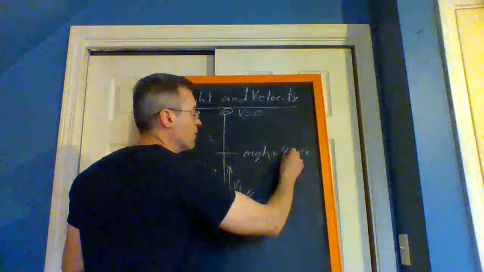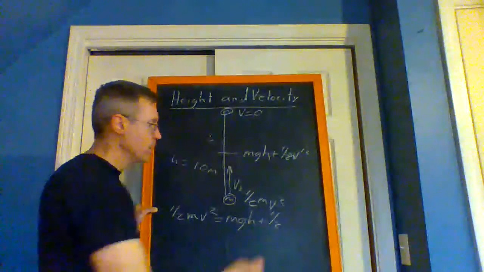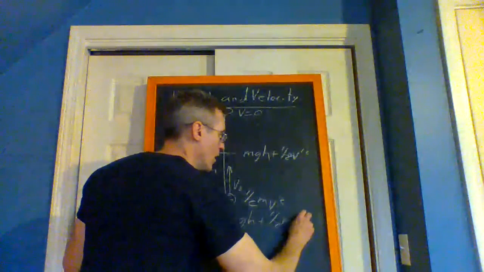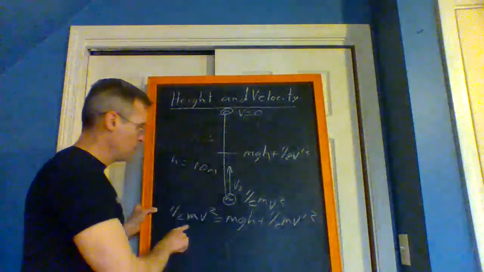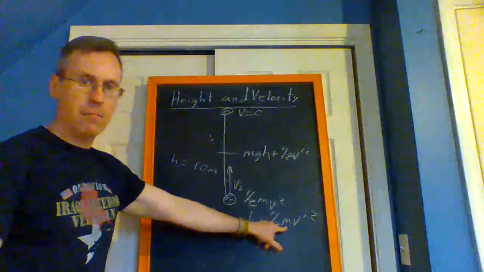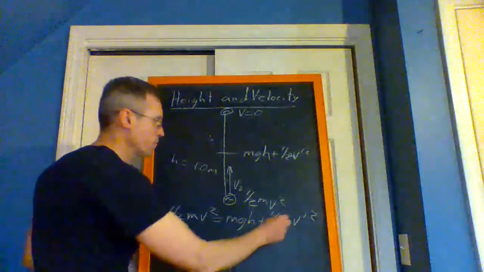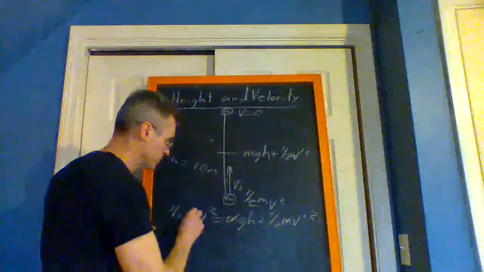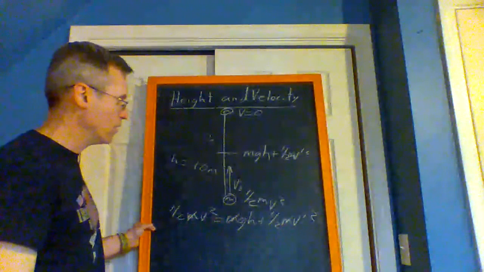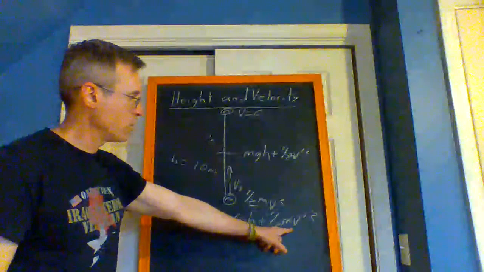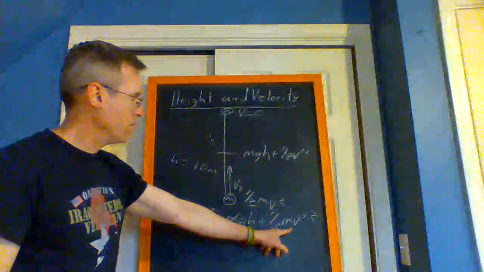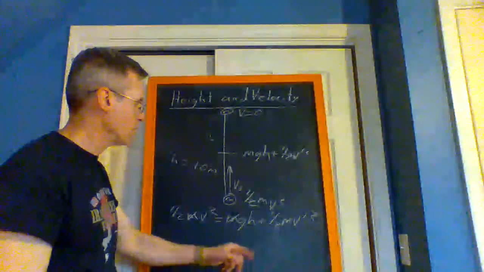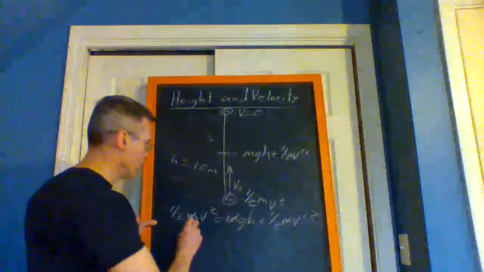Oh, I put an m in there. Sorry about that. 1/2 m v prime squared plus mgh. And notice the m's go away again. What I could do is solve for that v prime, because I know the rest. So just to clean this up a little bit.